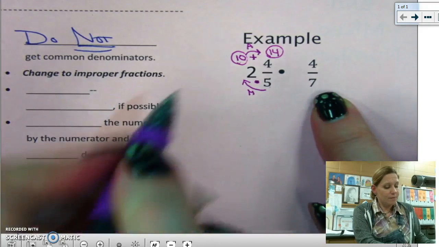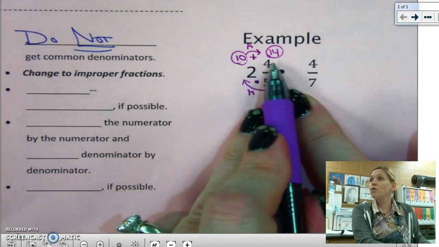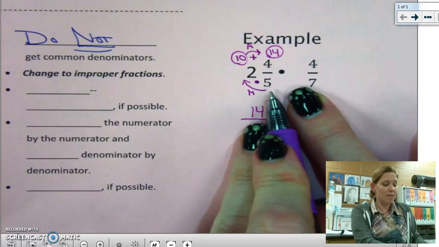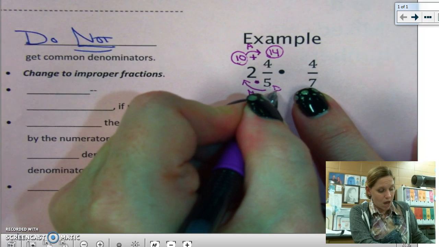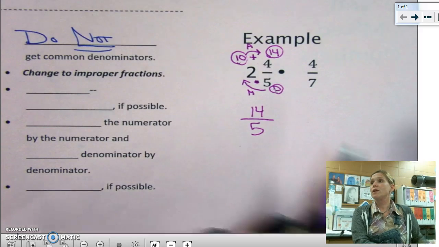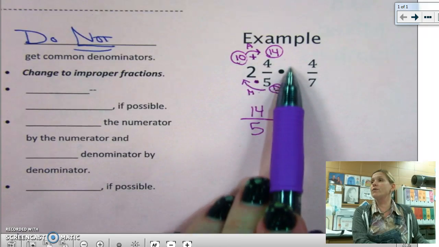And the D means keep the denominator the same. So our new numerator is 14. And our denominator for the D, MAD, stays the same, which is a 5. And that doesn't change. So MAD: 5, times 2, plus 4. Just work your way right around the circle.